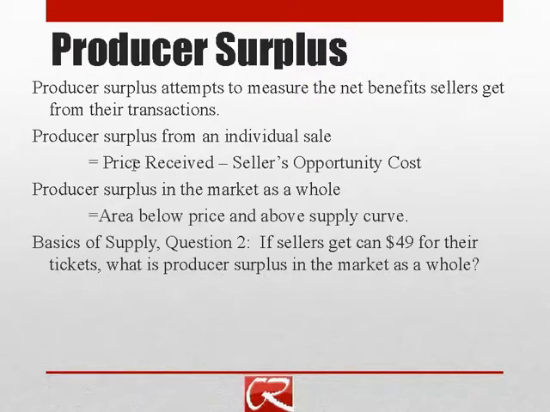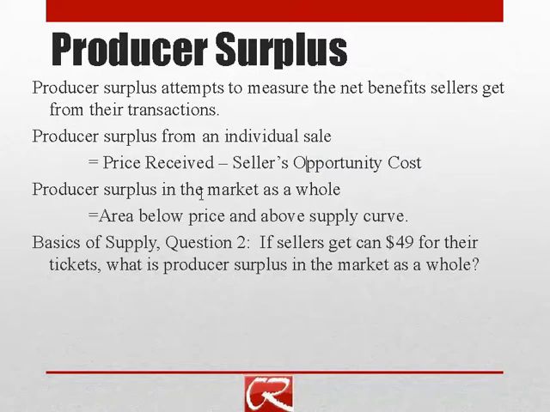And the producer surplus from an individual sale is the amount that the producer got paid, the price received, minus their opportunity cost or their seller cost. And I've written in here opportunity cost because I want to emphasize that it isn't necessarily the historical monetary cost. It might be forward-looking, like, what could I sell it for next week?